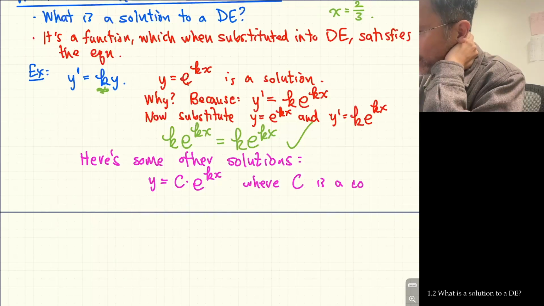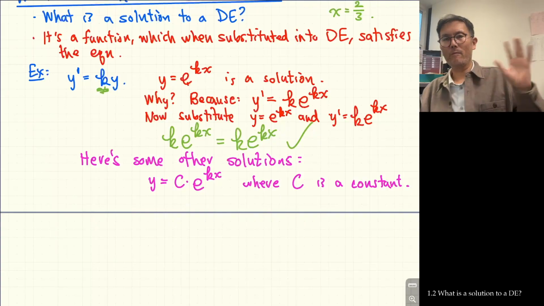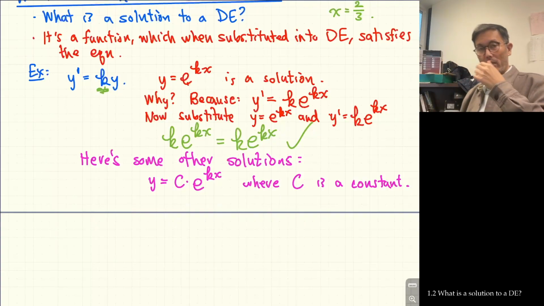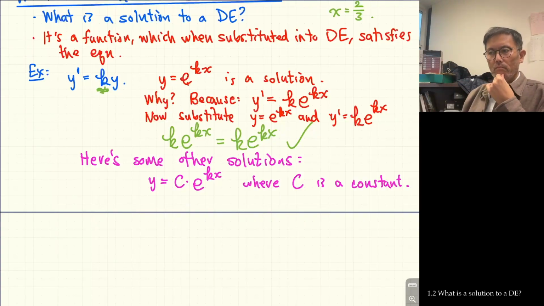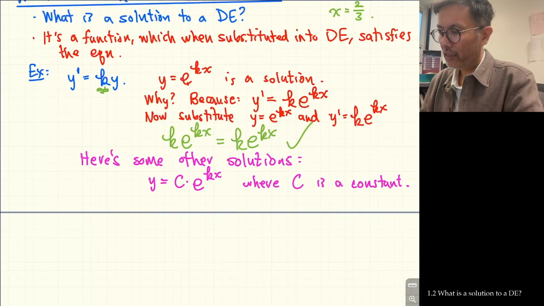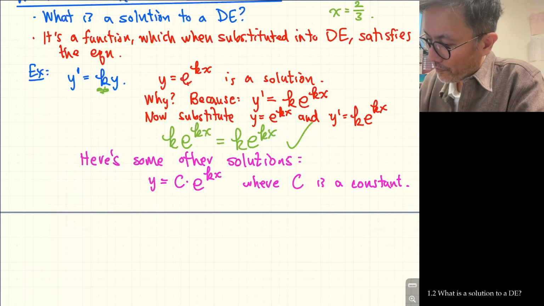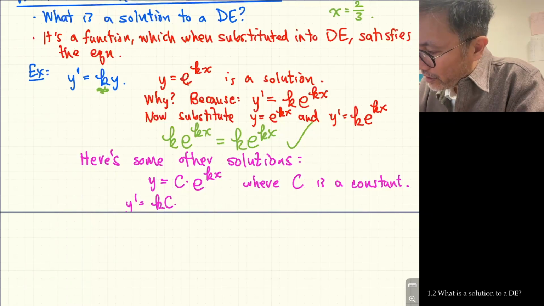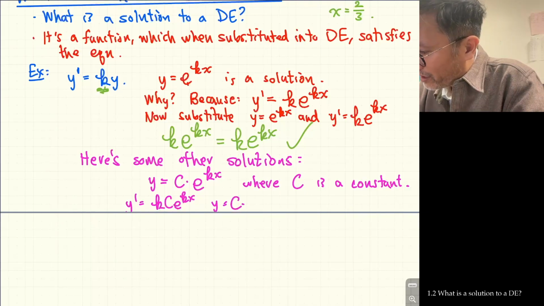You can see there's lots of constants floating around in differential equations. This is going to be very typical. C is a constant. I claim that this is a solution. And again, you can check, right? Y prime is going to be k c e to the kx, and y is just c e to the kx.